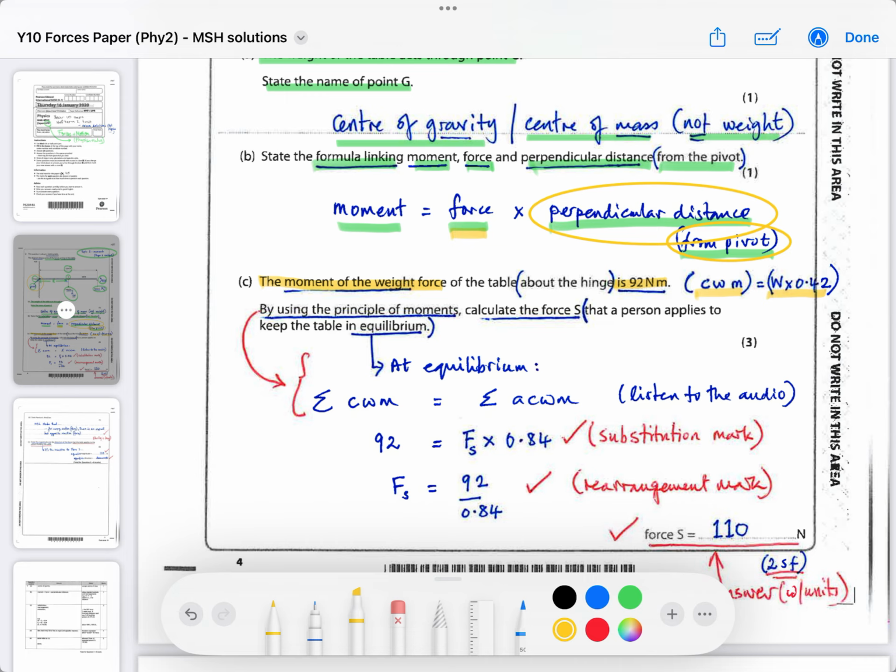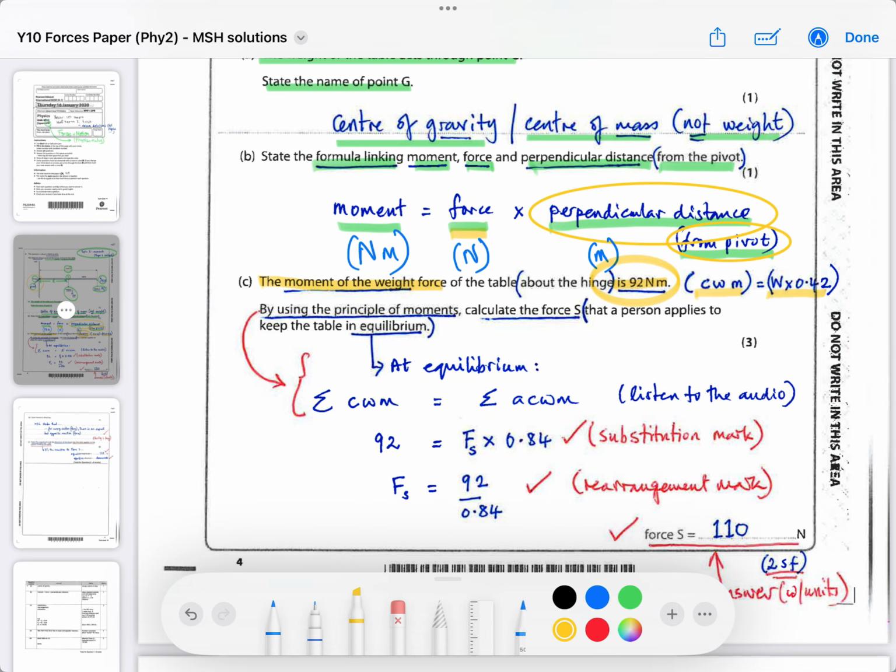We just know it's 92 newton meters. Okay, so the units for moment are newtons times meters. So we say the moments are in newton meters. Okay, so that's why they've got it written here as 92 newton meters.